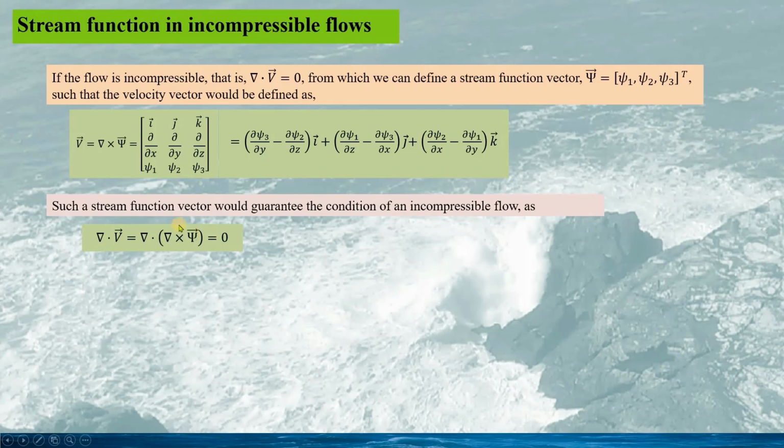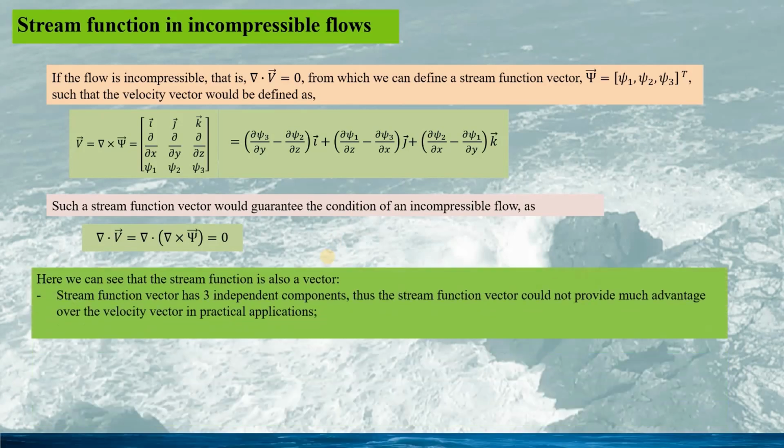Based on the stream function, we can calculate the divergence of the velocity vector here. We can see the divergence of the velocity vector is 0. This means the stream function, the capital psi, satisfies the incompressible flow condition.